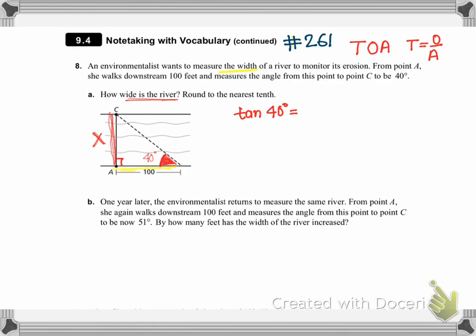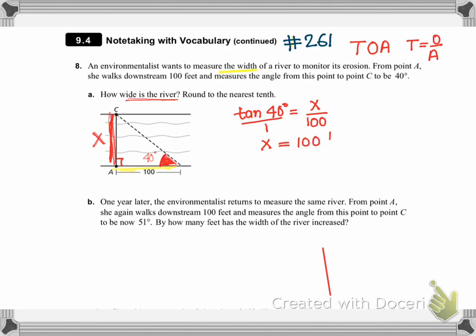For this angle, this is going to be our opposite leg, so tangent of 40 degrees is x over the adjacent leg, the yellow highlighted one, which is 100. Now we have to solve it. Just do a cross multiplication, assuming there is a 1 on the bottom. 1 times x is x, and 100 times tangent 40.